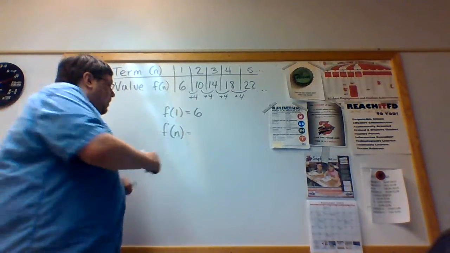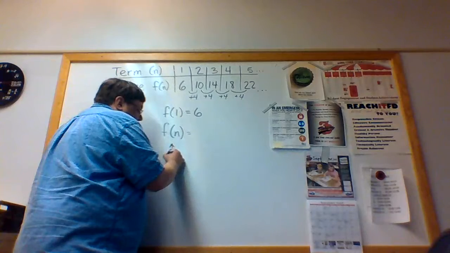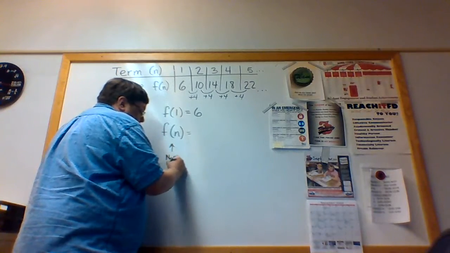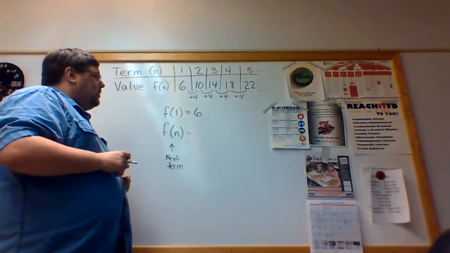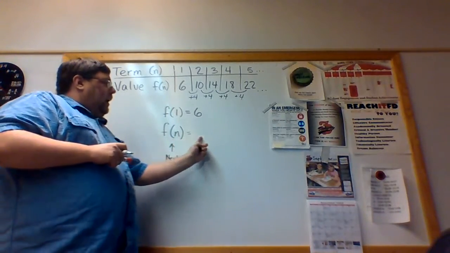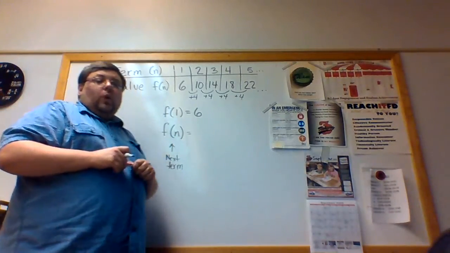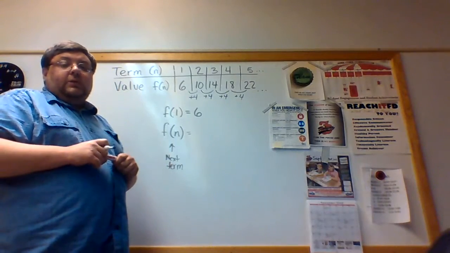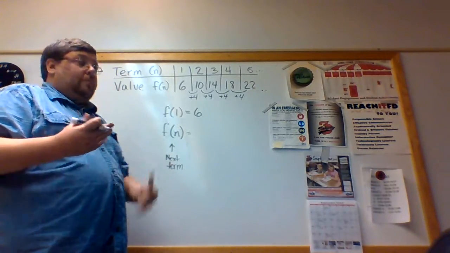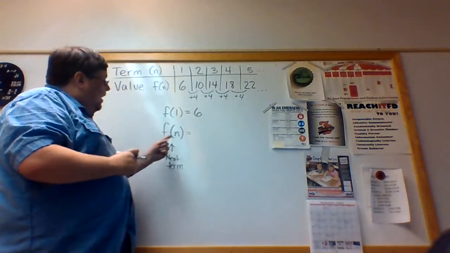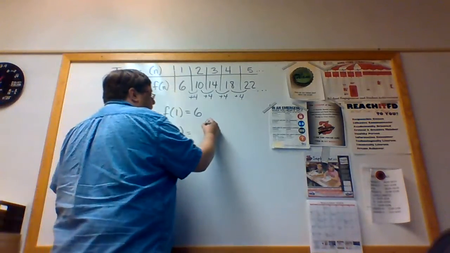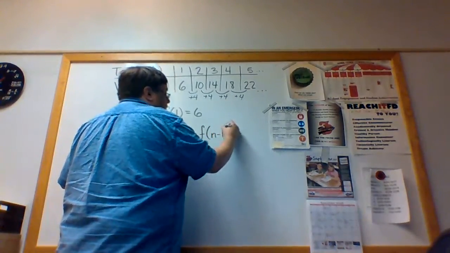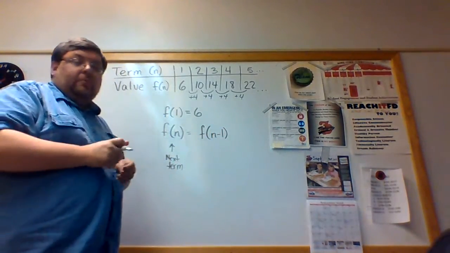This is always our way of referring to the next term. Whenever we see f of n, that's our way of saying the next term, and then we always say, how do we get it? Well, in order to find that next term, we always have to do something to the previous term. And if f of n is our way of saying the next term, we use f of n minus 1 to say the previous term.